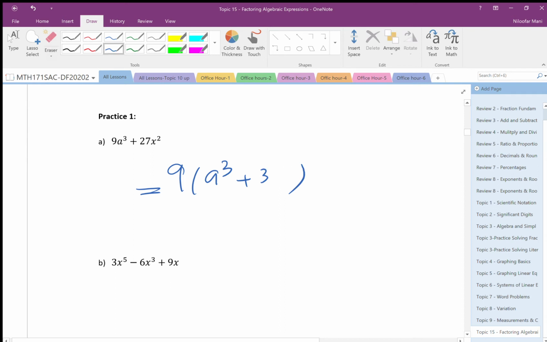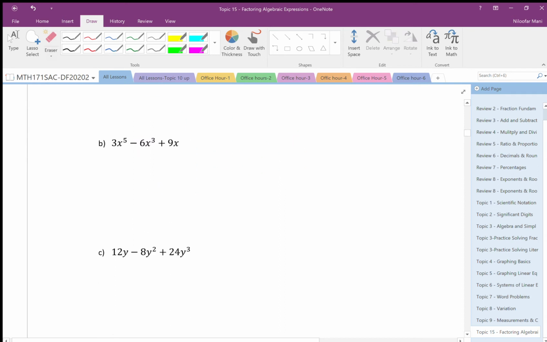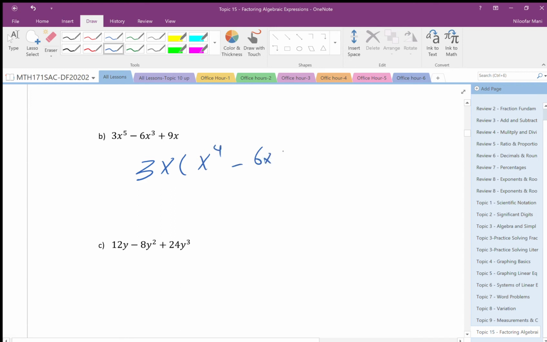Here I see x. Oh, I see 3x. So 3x multiplied by x to the power 4 minus 6x squared plus 3. Am I right? Sorry, here 2, because when I multiply it must be the same result, and it is now.